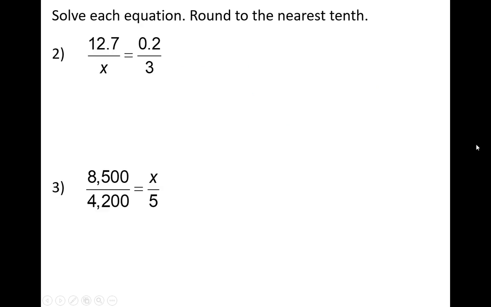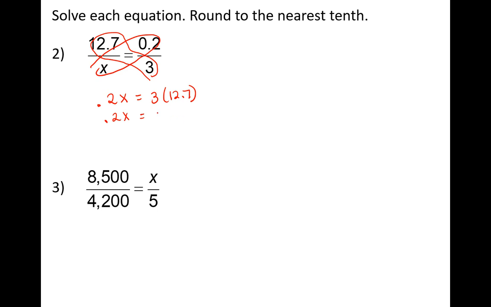All right, to solve each equation round to the nearest tenth, we're going to use our cross multiplying technique. 0.2x equals 3 times 12.7 or 12.7 times 3. So 0.2x equals 3 times 12.7.